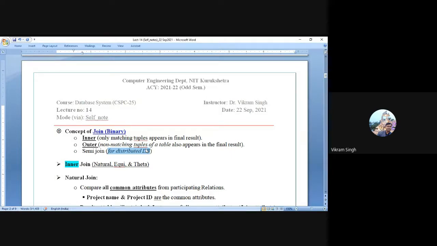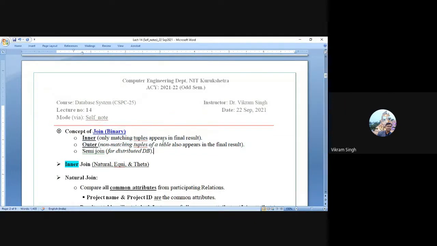There could be two situations, right? That is not the scope of this course. So semi-join is preferred or used in the case of distributed databases, because the data is not kept in one single site. In the case of centralized databases, we will not discuss this part, right? So our focus is only on inner and outer join.